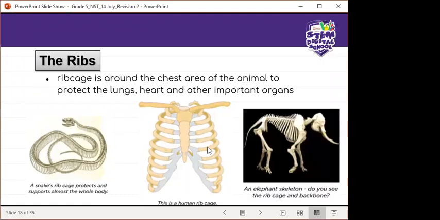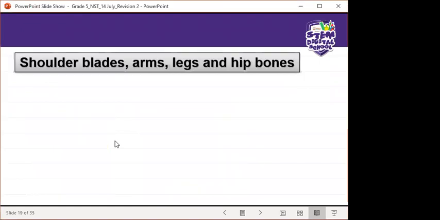And here we also have an example of a rib cage of an elephant. This is a skeleton of an elephant, and this is the rib cage of the elephant. Let us move on to the next bones.